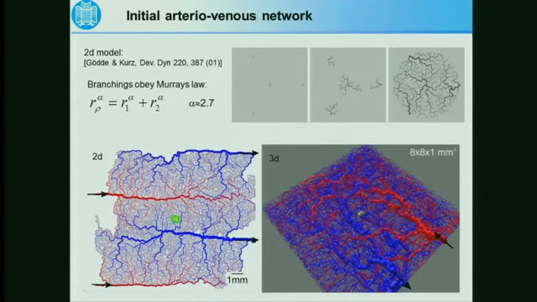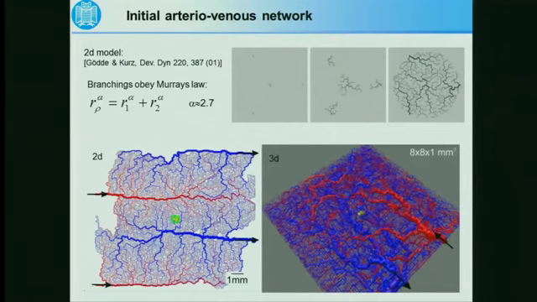Essentially, you have two trees. It's very easy to generate one tree, very nicely with all kinds of features, and the fractal dimension is correct and so on. But now you take a second tree. This is the arterial tree, and this is the venous tree.